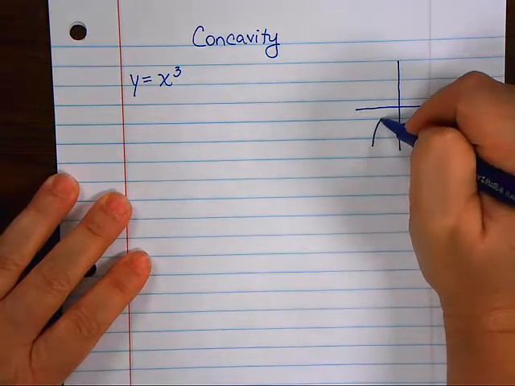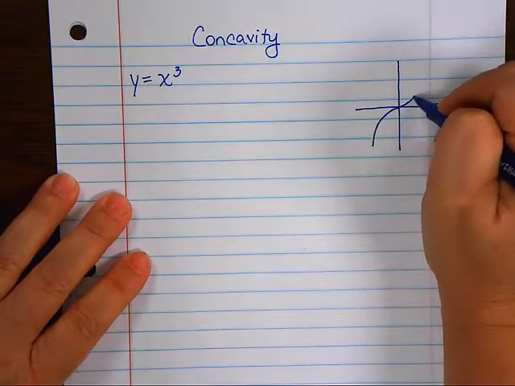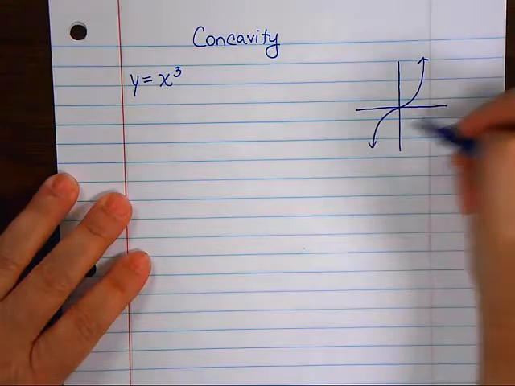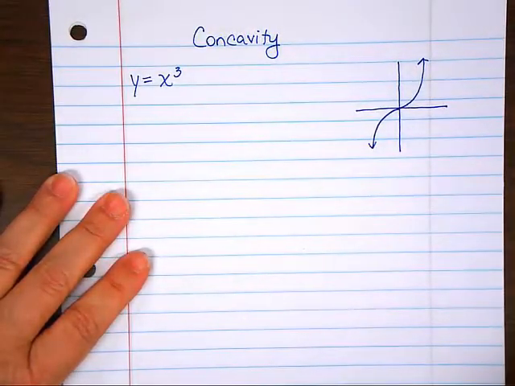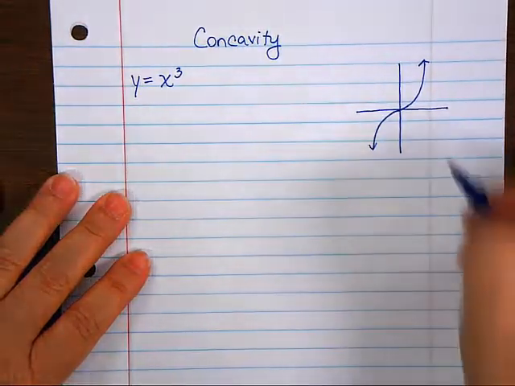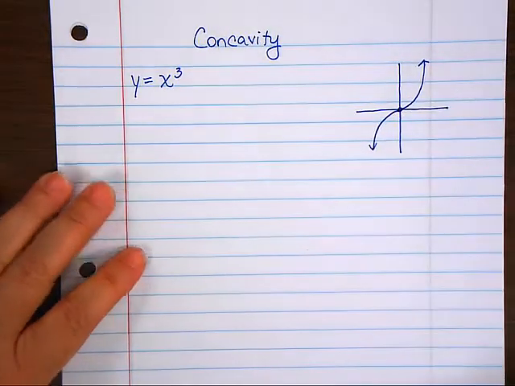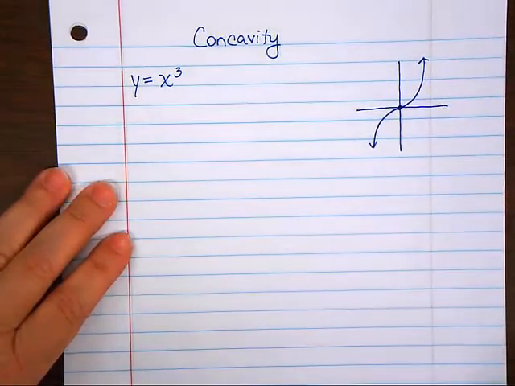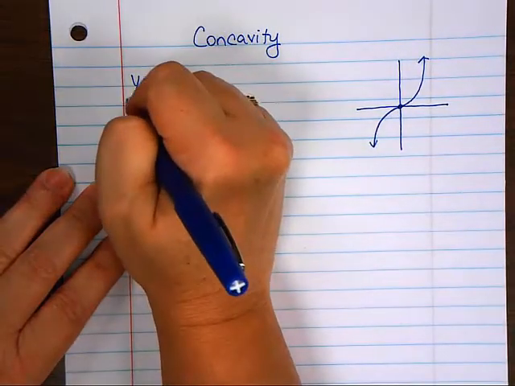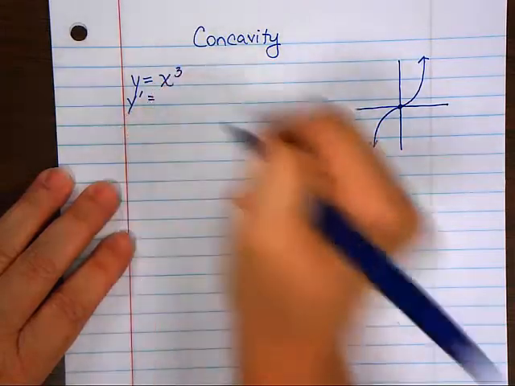So it goes up, looks like it's going to turn around, but nope, decides to keep going. What trig function looks like that? Tangent does. So that graph definitely curves. We're going to talk about how to tell.